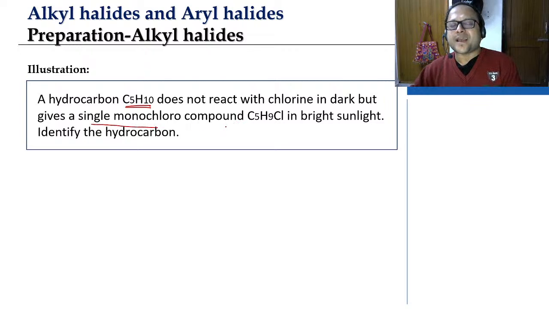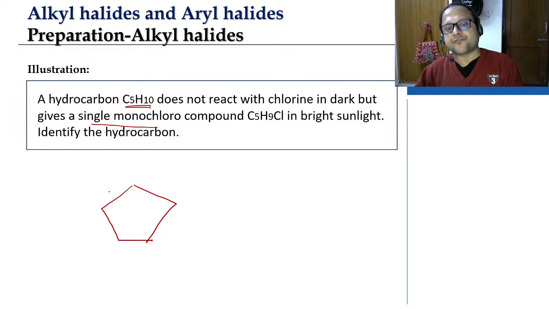So why alkene? Even cycloalkanes are functional isomers of alkenes. They have got the same formula, CnH2n. So if you think in that fashion, the only thing that should come to your mind is cyclopentane.